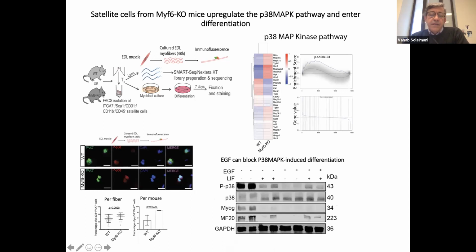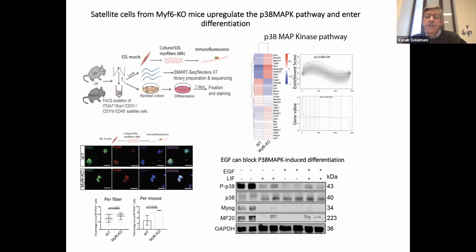These are myoblasts in vitro forced to go through differentiation when we add EGF or we add LIF. We actually block P38 MAP kinase activity, and then we block the induction of MyoD. So it seems like the production of this myokine in the muscle fiber is preventing the activation of these cells by P38 MAP kinase and induction of MyoD.